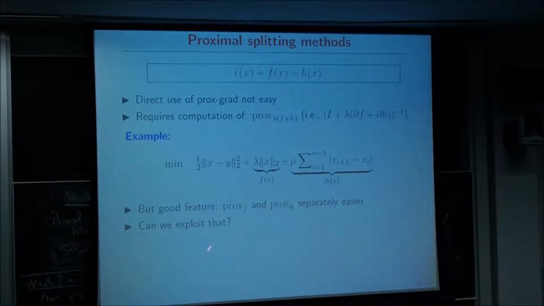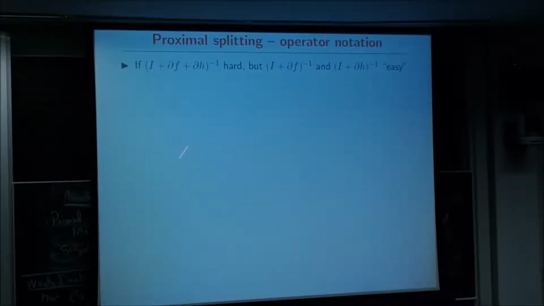The good feature of such a problem, however, is that individually the prox operators of these are really easy. And the whole idea of proximal splitting is centered around this: the resolvent or prox operator of the sum is hard to compute, but these are easy. And Yao Liang probably told you about an if and only if condition when you can make this super easy as just a composition of those two, but almost always you cannot do that.